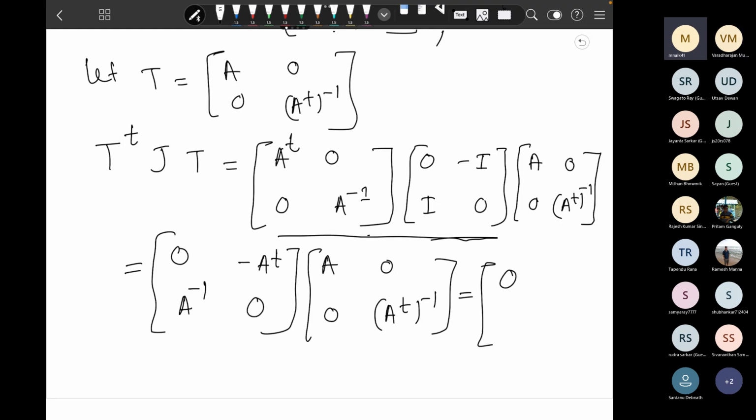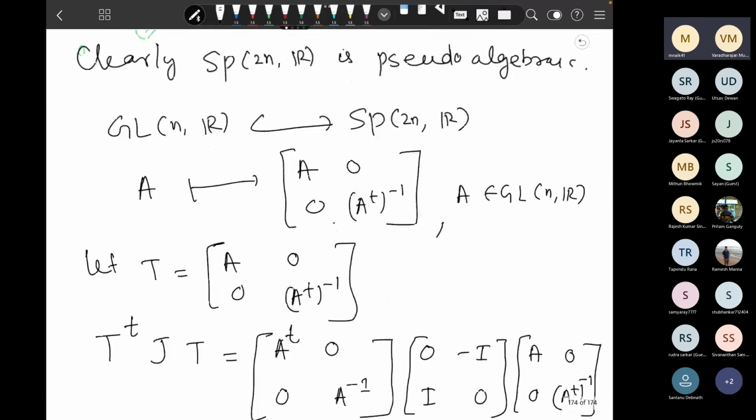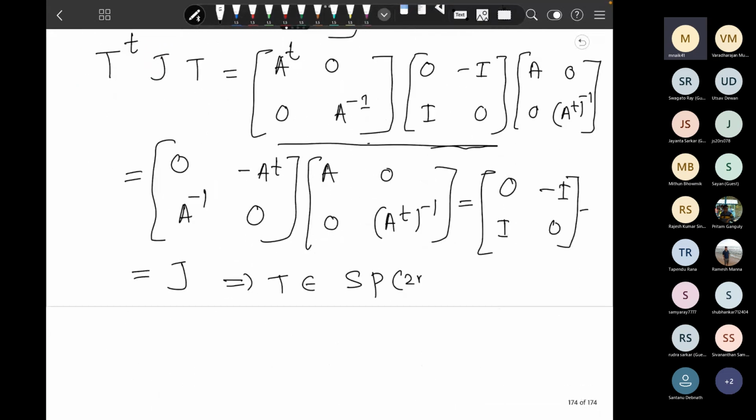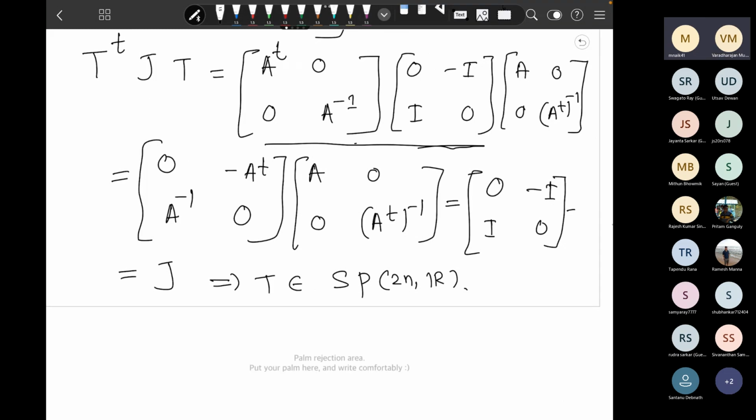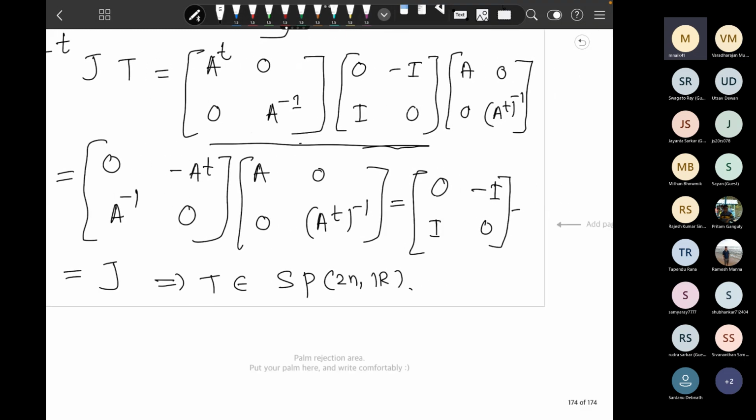So this will be 0, 0, and this will be minus identity, and I, 0. So this will be J. So this implies T belongs to Sp2n(R). So we have an embedding of GLn(R) inside Sp2n(R).